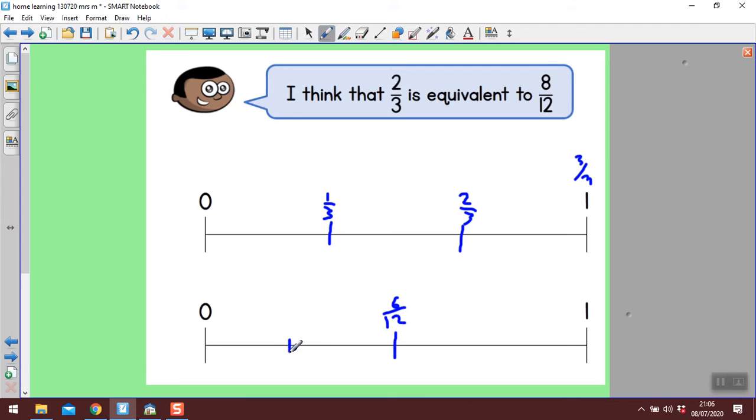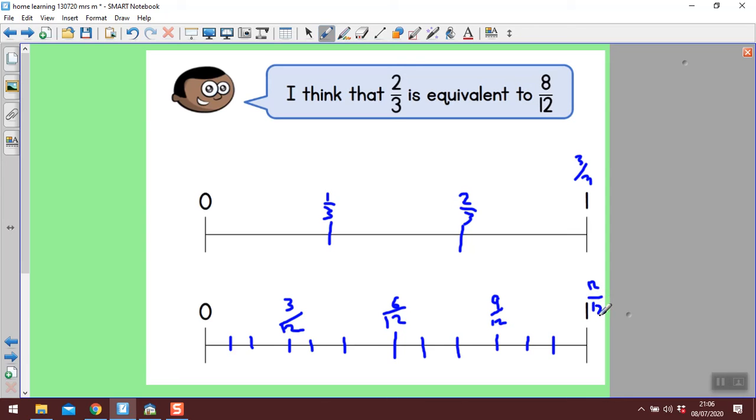Split it in half again. Split it in half again. It's 3 twelfths. 9 twelfths. 1 twelfth, 2 twelfths, 3 twelfths, 4 twelfths, 5 twelfths, 6 twelfths, 7 twelfths, 8 twelfths, 9 twelfths, 10 twelfths, 11 twelfths, 12 twelfths.